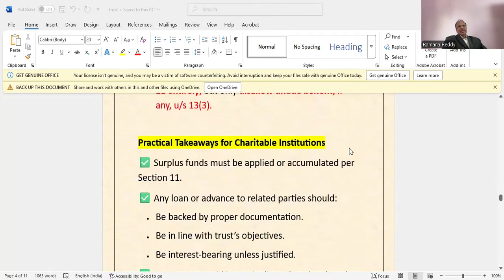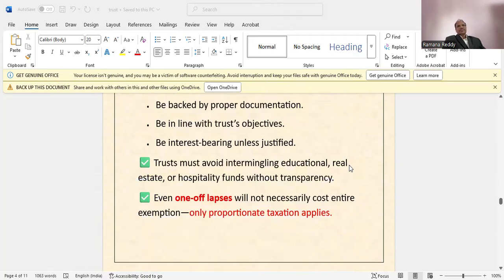The practical takeaways here: surplus funds must be applied or accumulated per Section 11. Any loan or advance to related parties should be backed by proper documentation, in line with the trust objectives, and interest-bearing unless justified.